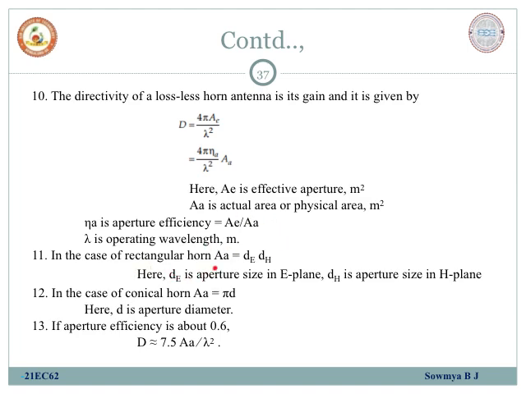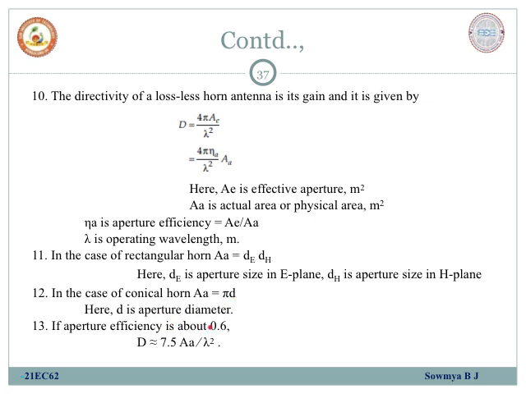In the case of rectangular horn, AA is equal to dE into dH, where dE is aperture size in E plane, dH is aperture size in H plane. In the case of conical horn, AA is equal to π d²/4, where d is the aperture diameter.